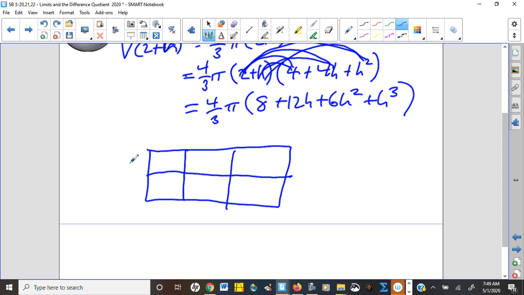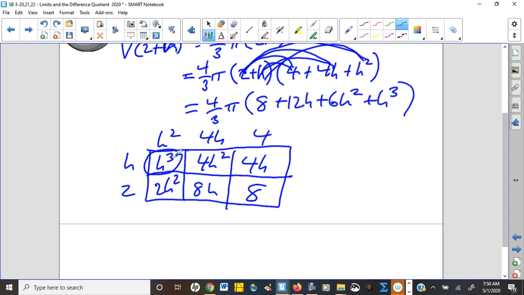So if you have an h plus 2 and an h squared and a 4h and a 4, if any of those terms were negative, you want to put the negatives in. But you just fill the boxes in, right? You just multiply to fill the boxes in. It takes a small amount of time, longer than doing it the way we just did it, maybe, but a small amount of time. But look, there's your h cubed, there's your 6h squared, there's your 12h, and then there's your 8.